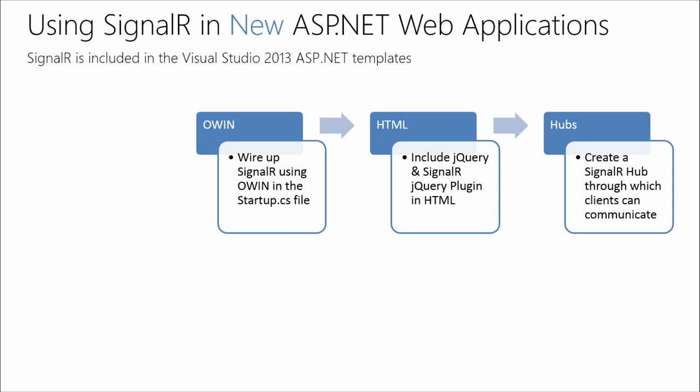Earlier, when I searched for SignalR in the file new item dialog, it showed me a SignalR hub, and I believe a SignalR connection class. So if you're using Visual Studio 2013, you get the SignalR hub and connection templates right in there for you.